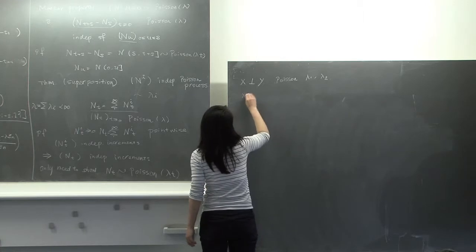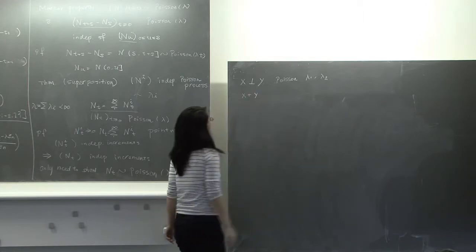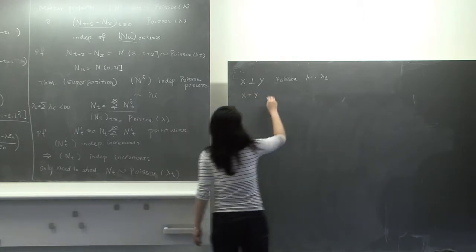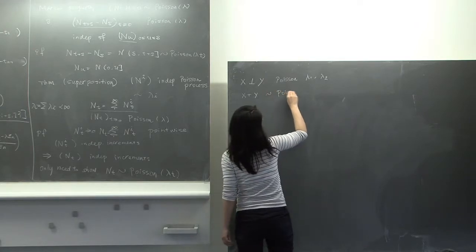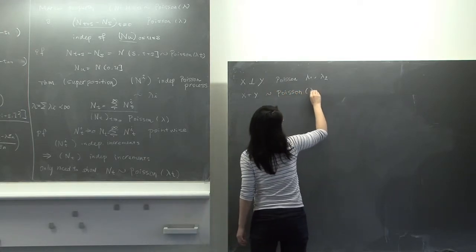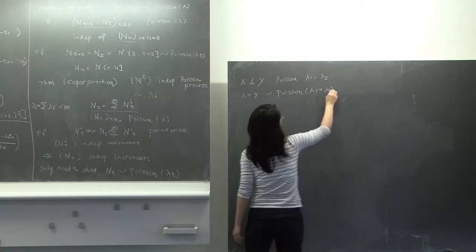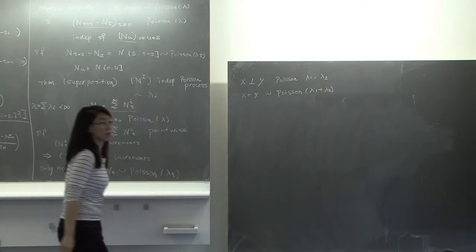The first conclusion is that x plus y is also a Poisson random variable with intensity lambda_1 plus lambda_2.